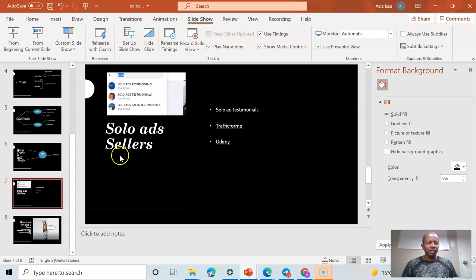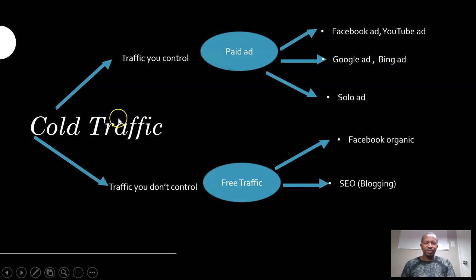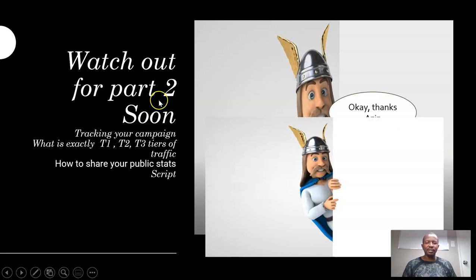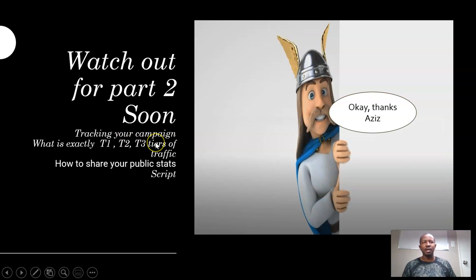Let's go to our presentation, and I think that's all, guys. Let's watch for part 2. Part 2 will be released really soon. We'll be talking about tracking your campaign, because you need to track.